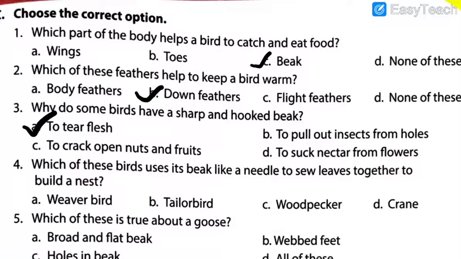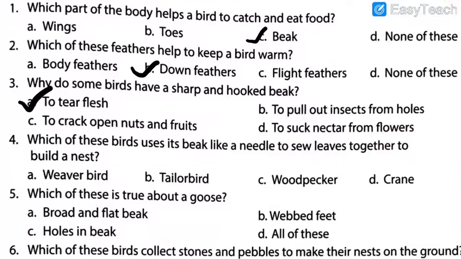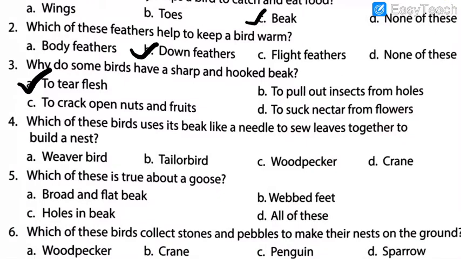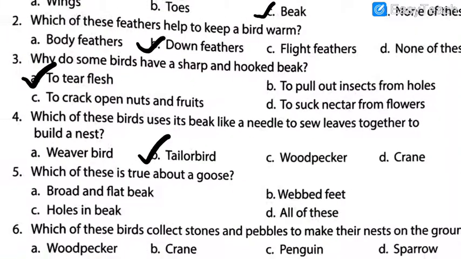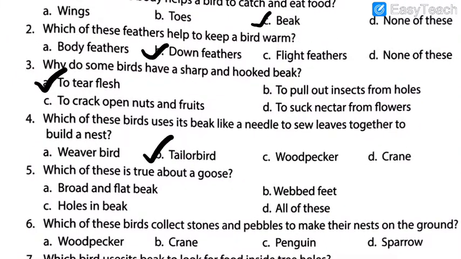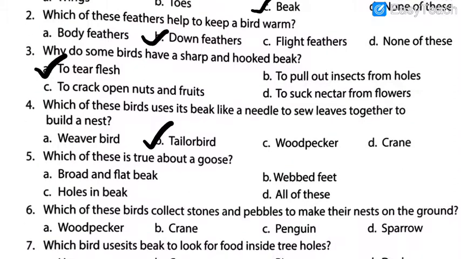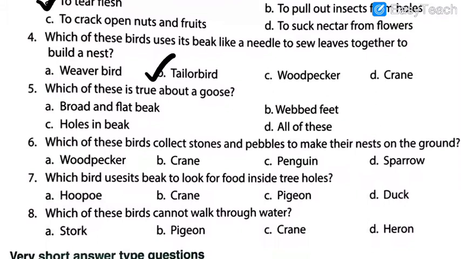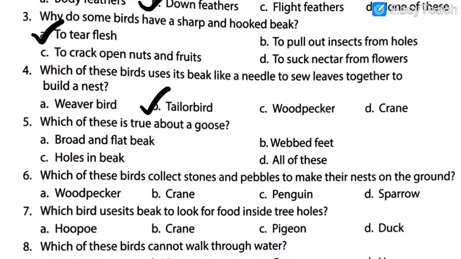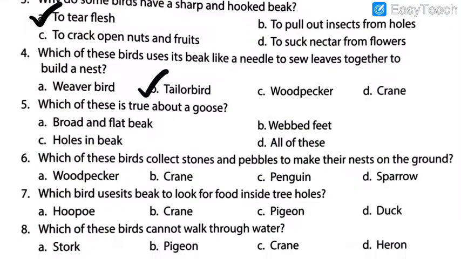So, which is that bird? Now, here, sew, who sews the clothes? Obviously tailor. So, tailor bird is the correct answer. I hope that you too are marking the correct options. Those who are writing in the rough book, they have to write just the answers.